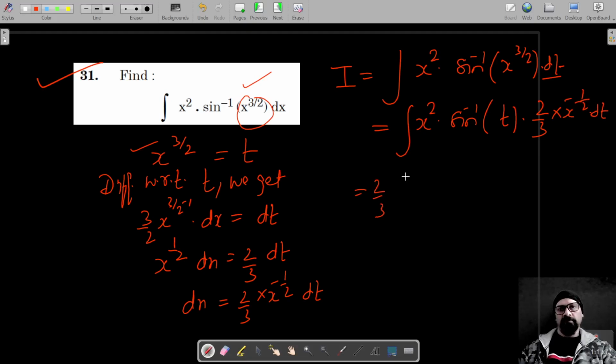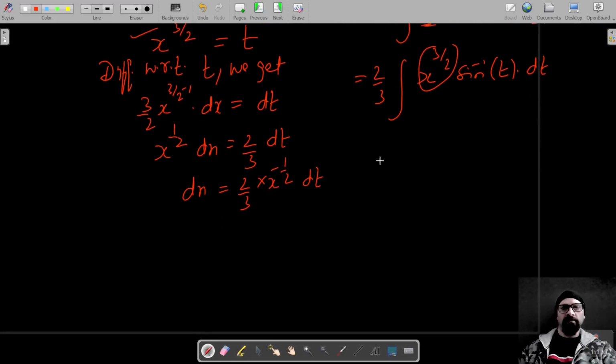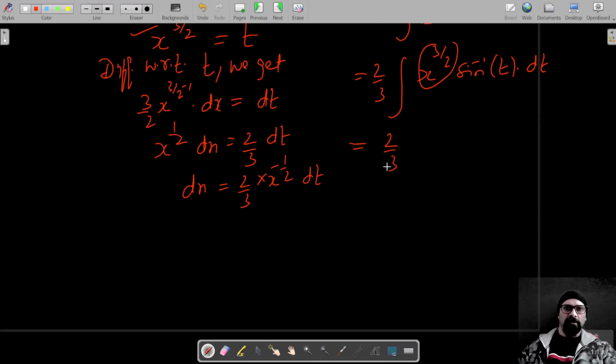So 2 by 3 is out. X square into x raised power negative half is x raised power 3 by 2, which is t. So we get sine inverse t into t dt. I'm going to take the inverse function as the first function, and this is now t.